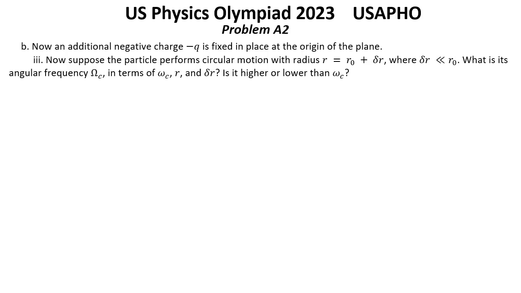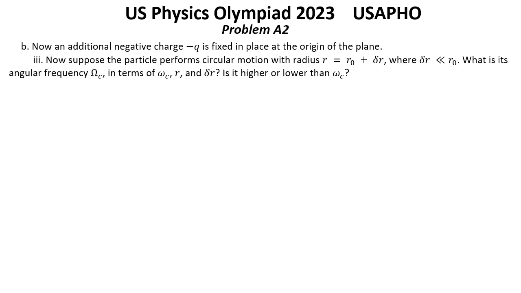Solution for question 3 from part B. Now suppose the particle performs circular motion with radius r equal to r0 plus delta r, where delta r is much less than r0. What is its angular frequency omega big C in terms of omega small c, r and delta r?